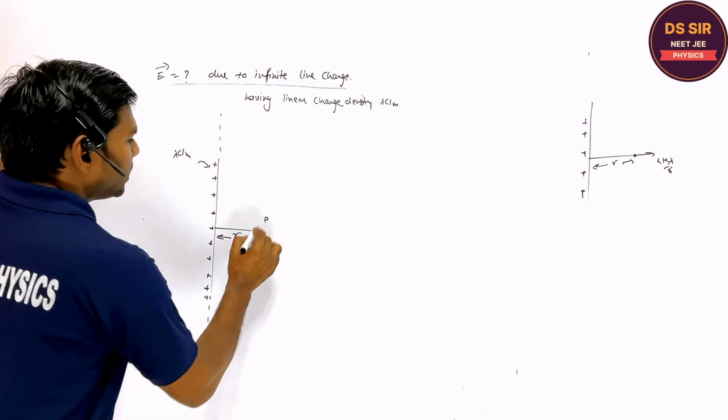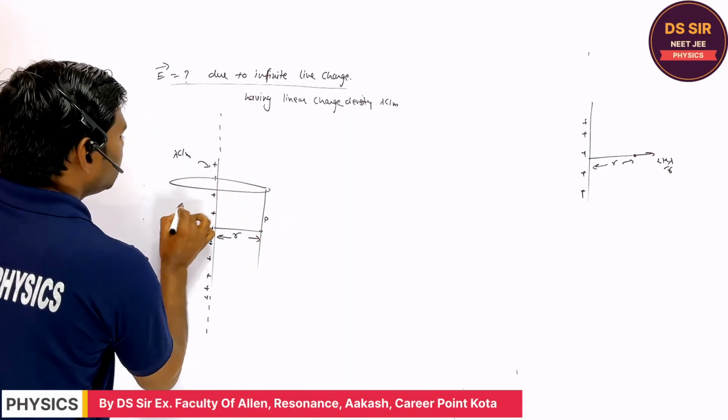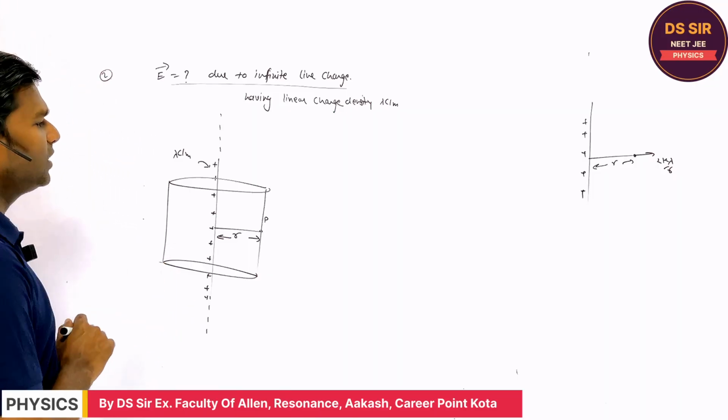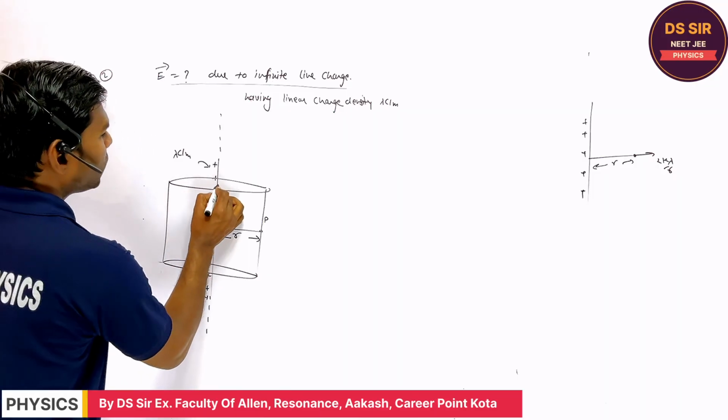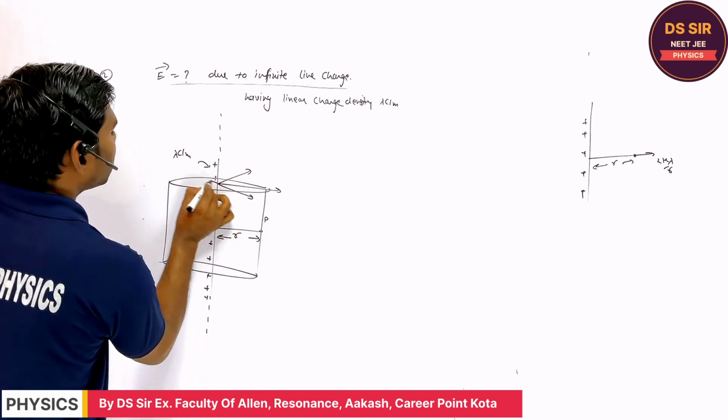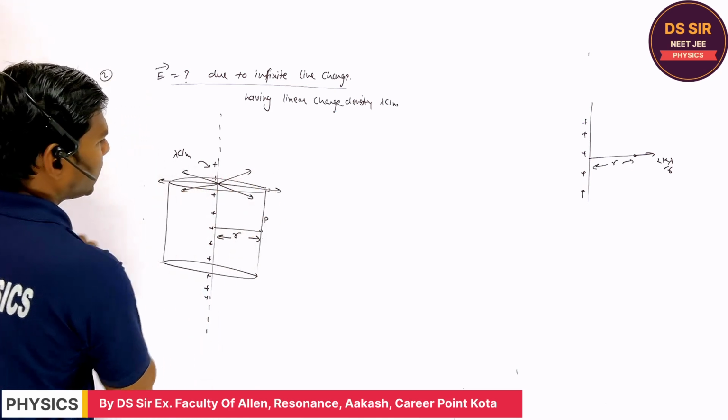In this case, the vertical cylinder is the symmetric Gaussian surface, for which the electric field is radially outward, away from this linear charge, like this.